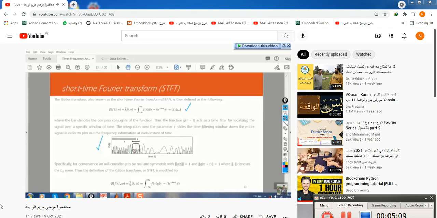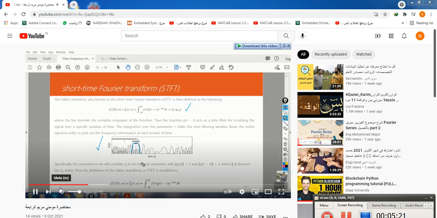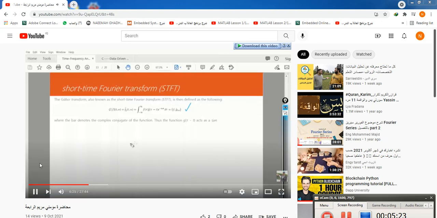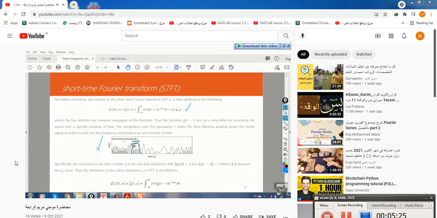If you consider this window, the temporal duration of this window is A, and the time of occurrence of this window is tau. Okay, then this kernel has a fixed A, and it translates along the signal.